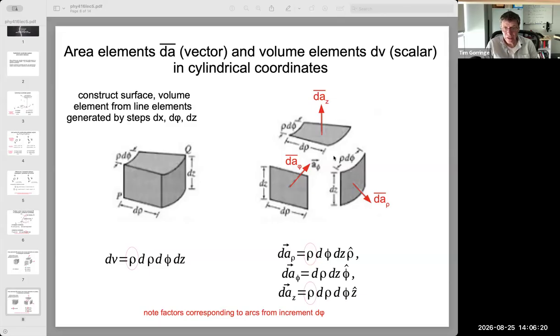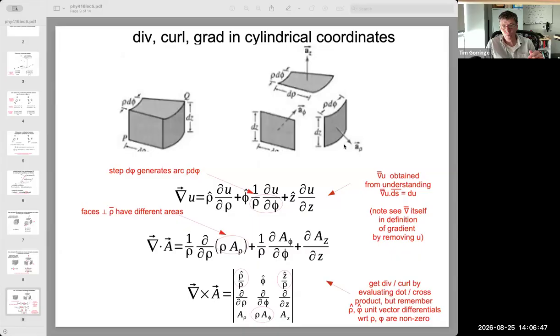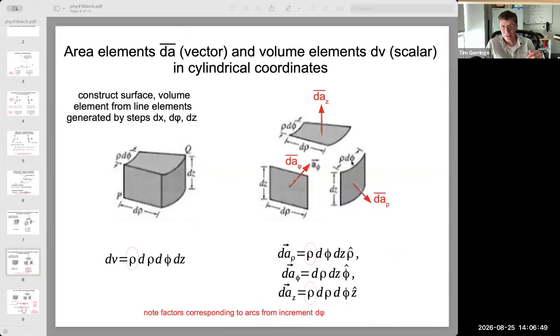If you look at this figure here, here's my representation of the surface element dA rho. dA rho is the surface element whose surface element vector points in the direction of increasing rho. It's constructed from a little step in the other cylindrical coordinates, a step dz and a step rho d phi.